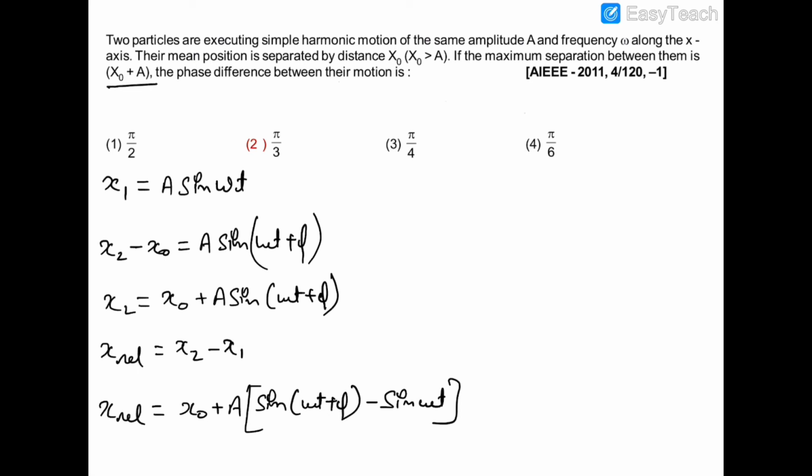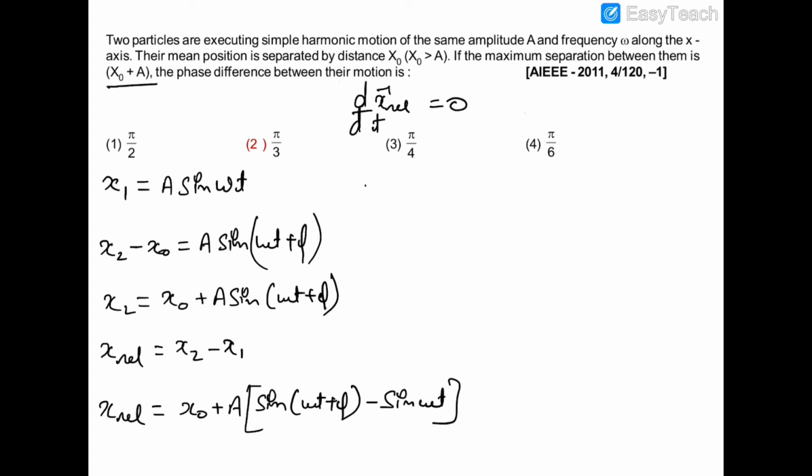So we know that to maximize this x relative, we write dx relative by dt is equal to 0.